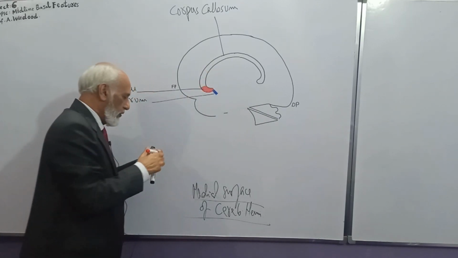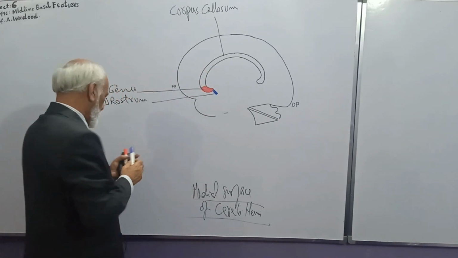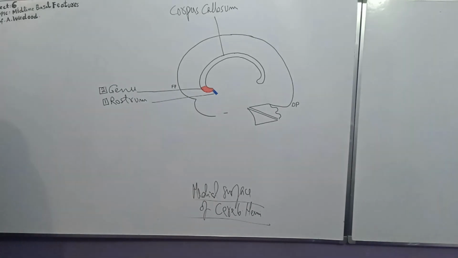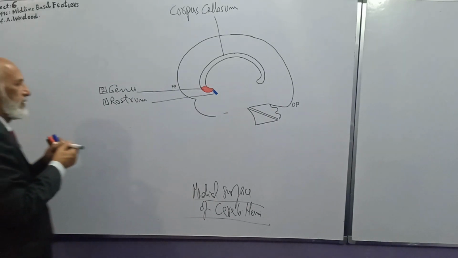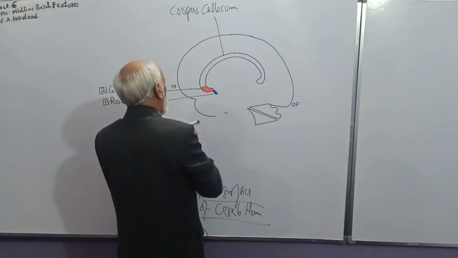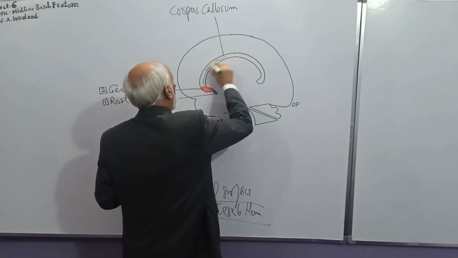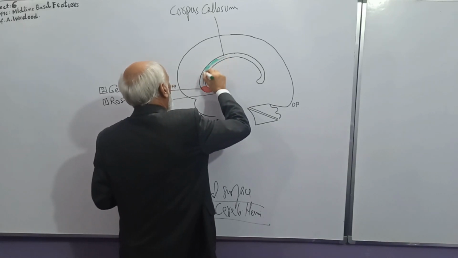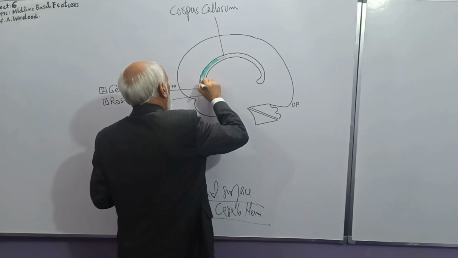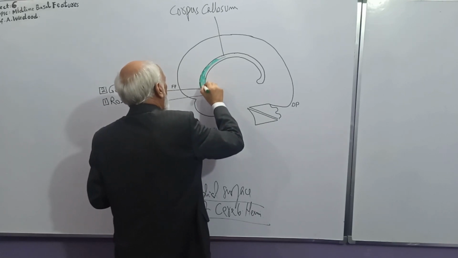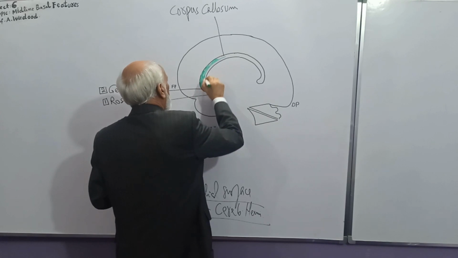Then the genu extends backwards and upwards and then turns forwards. This part of the corpus callosum is known as the trunk or body of the corpus callosum.